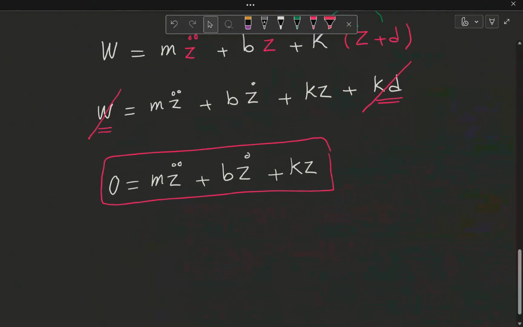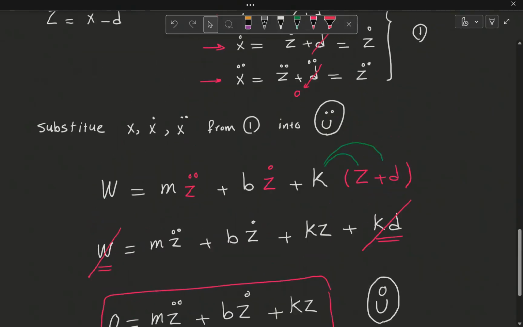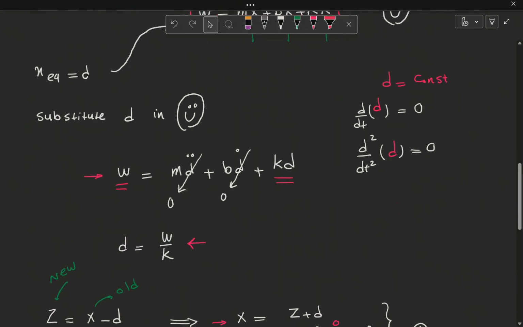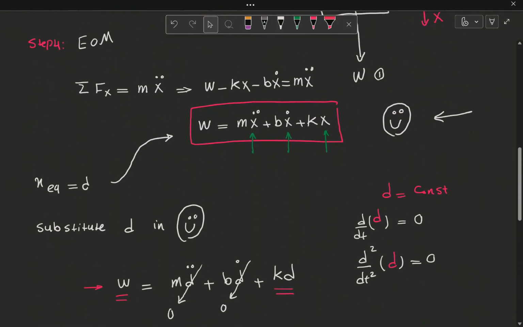Now, let me call this equation cyclops. If you compare equation smiley and equation cyclops, you see that both equations describe the dynamics of the same system. One equation, which is equation smiley, has W in the dynamics and x.